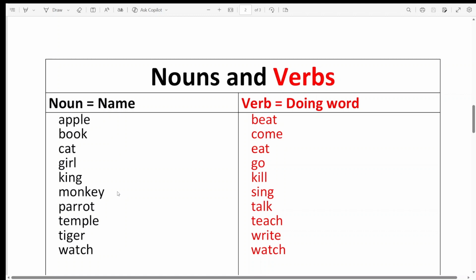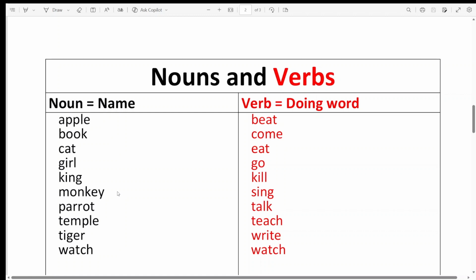So here, verb. Simply saying, a verb is a doing word like beat, come, eat, go, kill, sing, talk, etc. And these words you see in red are verbs. They are doing words.